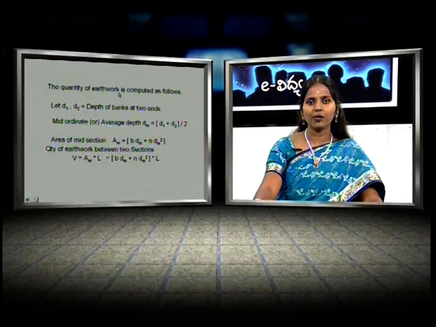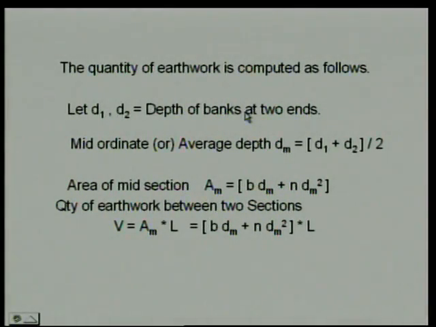So, the quantity of earthwork is computed as follows. Let D1 and D2 be the depths of bank at the two ends. The mid-ordinate or average depth dm is nothing but the average of these two depths, D1 plus D2 by 2. The area of the midsection AM is B into dm plus n into dm square, where n is the side slope and dm is the average depth.